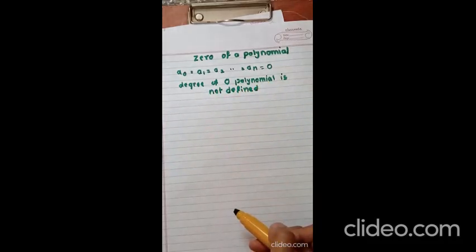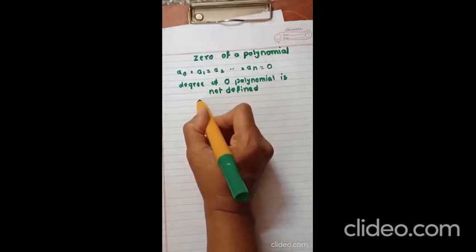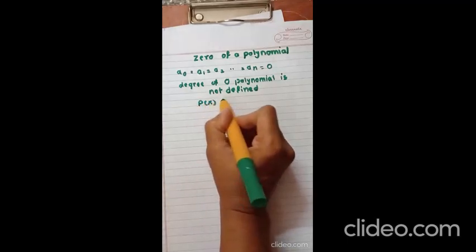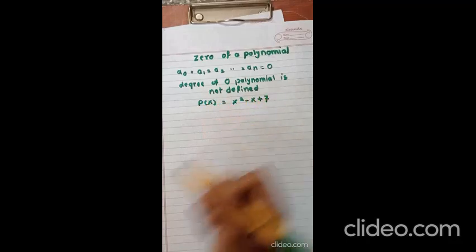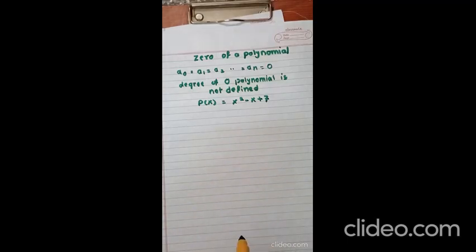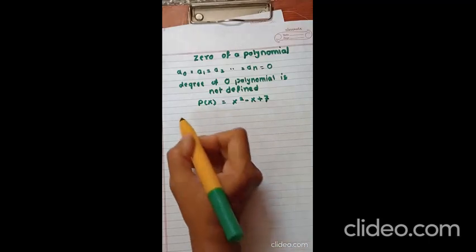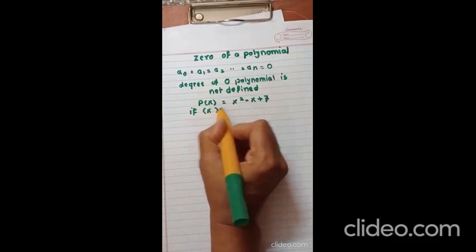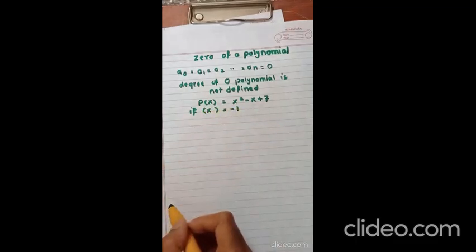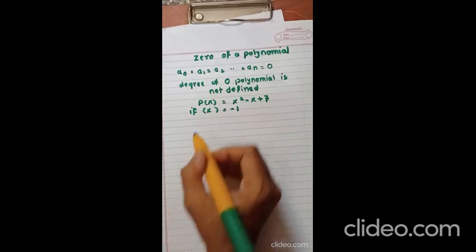Now let us consider the polynomial p(x) is equal to x square minus x plus 7. What is the value of the polynomial if I replace x by the value minus 1? So if x equal to minus 1, what do I have to do? Simply replace the term x by minus 1 and find the value of the polynomial.